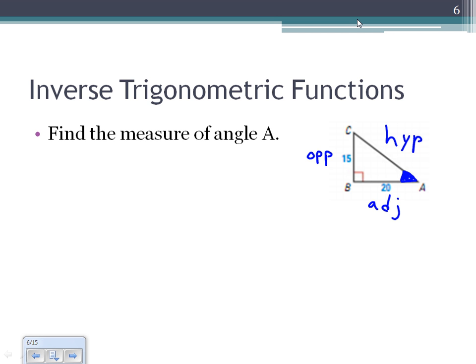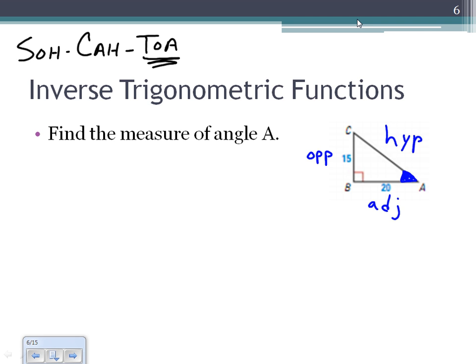Next we can solve our chief. How do I spell it? Gustavo? S-O-H-C-A-H-T-O-A. Which two numbers have I been given? 15 and 20, and those are the opposite and the adjacent. Which one of my functions has the opposite and the adjacent? TOA. So we're going to use the tangent function here.